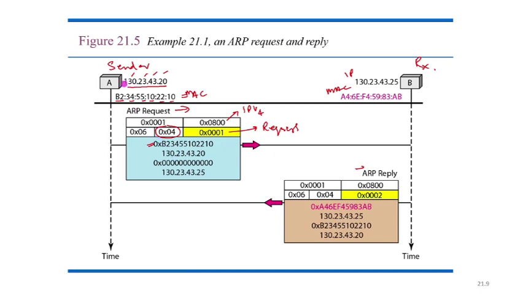Next one is the sender IP address, 130.23.43.20. In the destination hardware address, 000 is there. This 32-bit 000 value will be considered a broadcast message. And the next one is the IP address of the destination. So this is the request ARP packet.